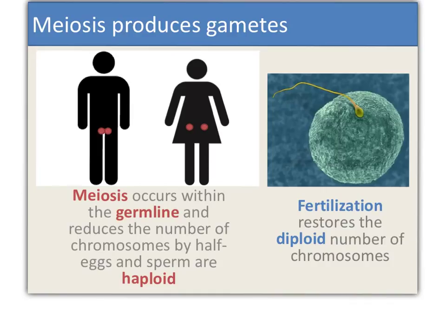So this occurs within the germline and reduces the number of chromosomes by half. Eggs and sperm are therefore haploid instead of diploid. Now, when an egg and a sperm come together, they fertilize.